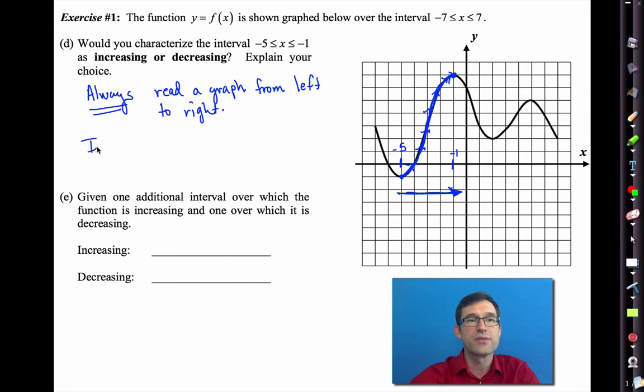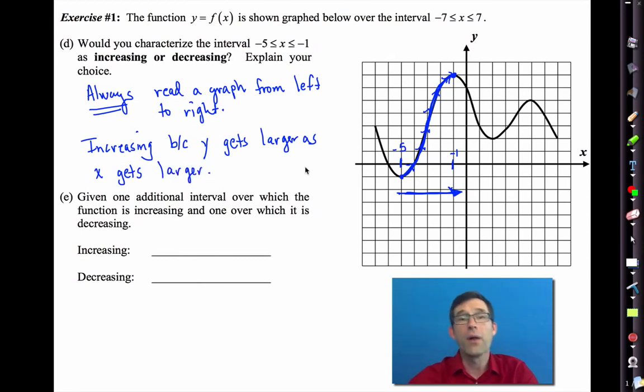So the correct answer is increasing because y gets larger as x gets larger. We go uphill, right? It's a good way to visualize it. As we're moving from left to right, we're moving uphill.